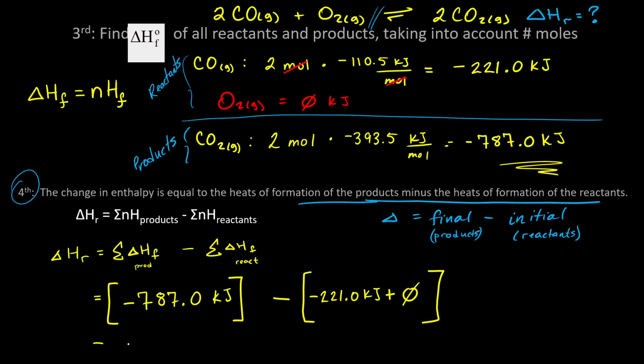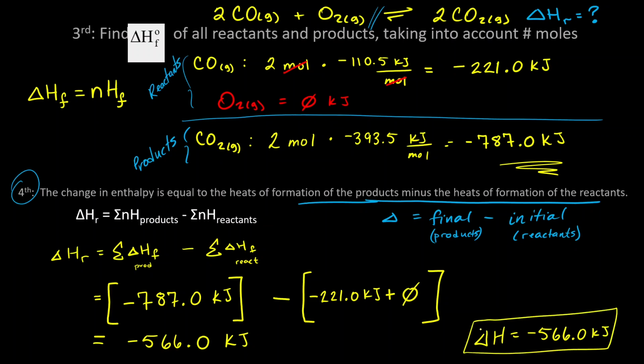That gives us, oops, that's an equal sign, negative 566.0 kilojoules. Again, to 1 decimal place because it's subtraction and we're preserving our precision level there. Okay, final answer. We've already done our sig digs, so that is our final answer. Negative 566.0 kilojoules of energy for this reaction.